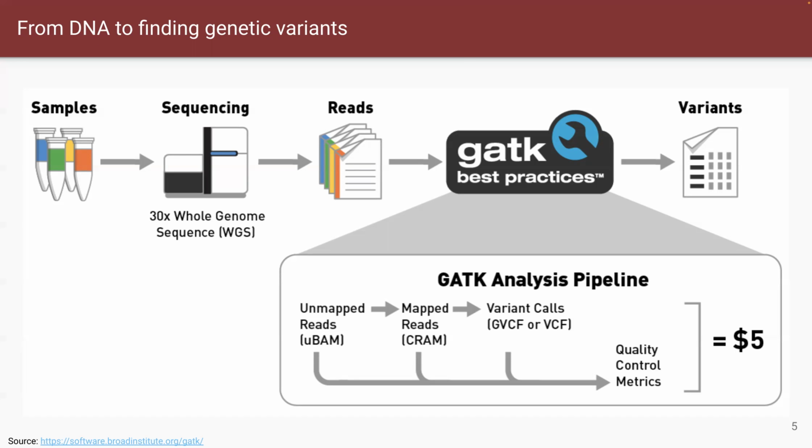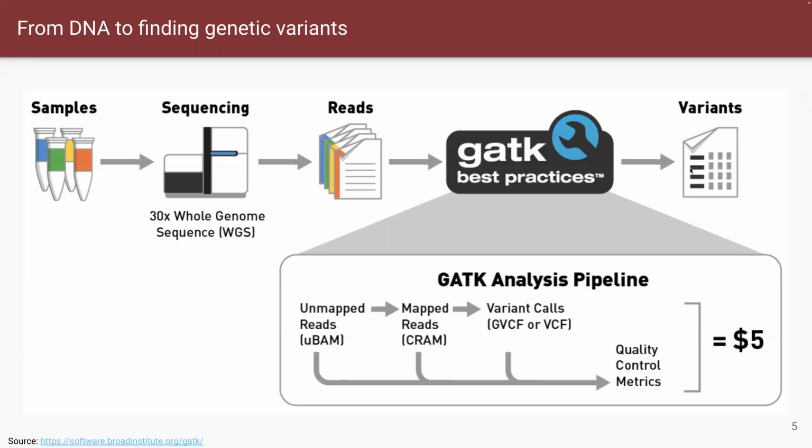Once we get that file, we call the variants, right? We do variant calling, and we get the list of variants for each patient or each sample. We know the file type is called VCF, right? So we're going through this process.